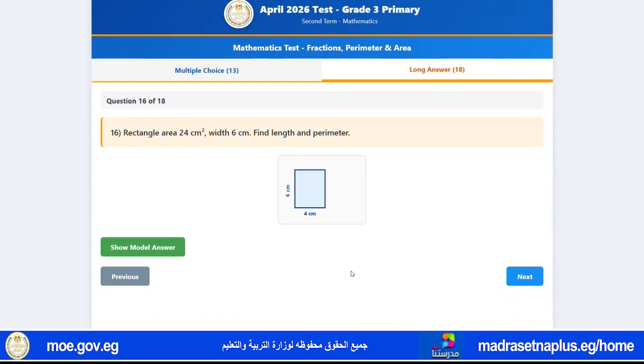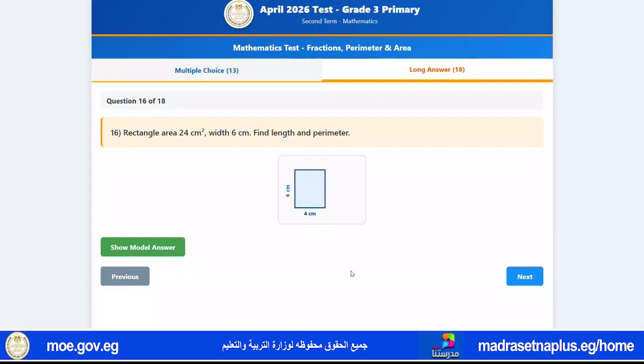In this example, we have the area of a rectangle. It's 24 square centimeters. One side of the rectangle is 6. This side may be length, may be width. It's okay for any one of them. First step, try to find the other side. If you have length, find width. If you have width, find length.